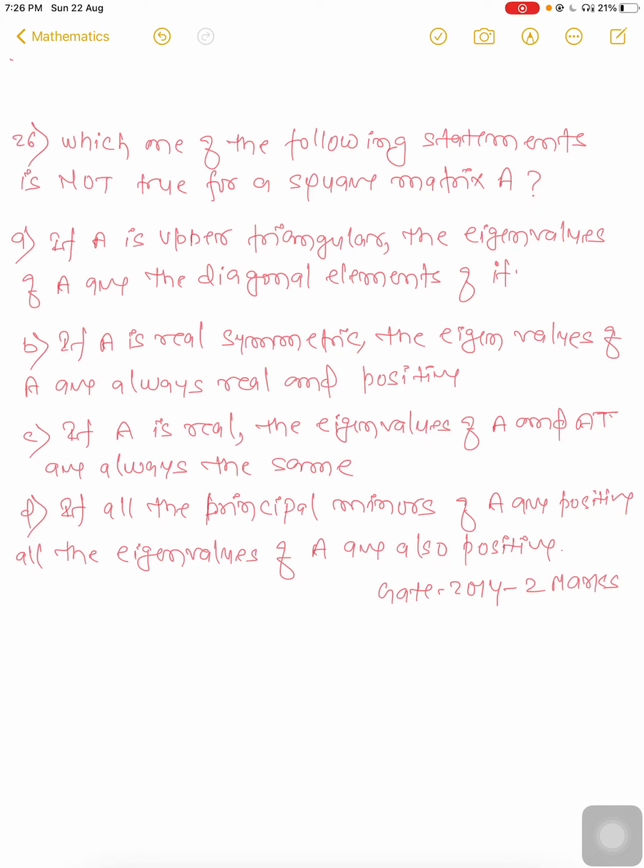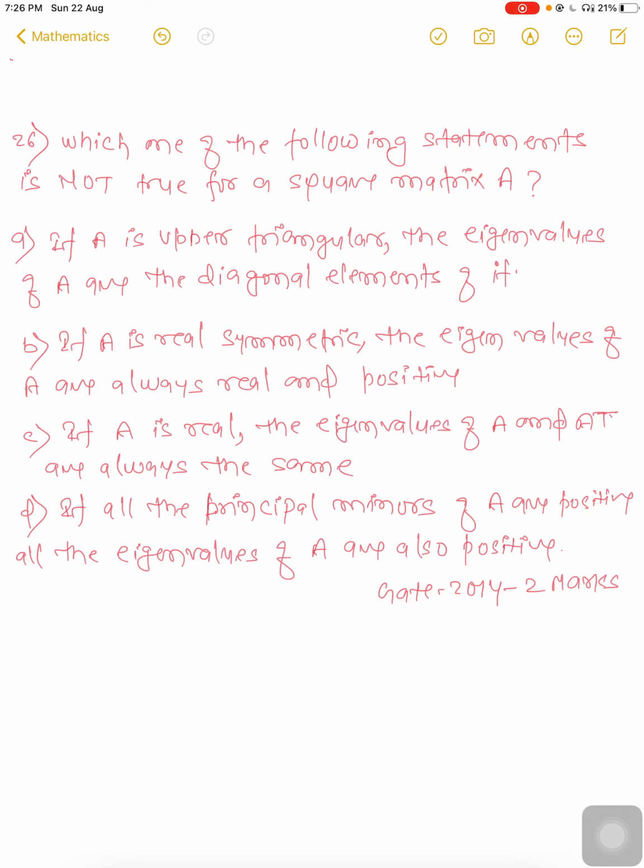26. Which one of the following statements is not true for the square matrix A? If A is upper triangular and the eigenvalue of A are diagonal elements of it, it is true. If any matrix is upper or lower triangular, then eigenvalue will be the diagonal elements. Okay, so we have to find out the not true. So option A is right.